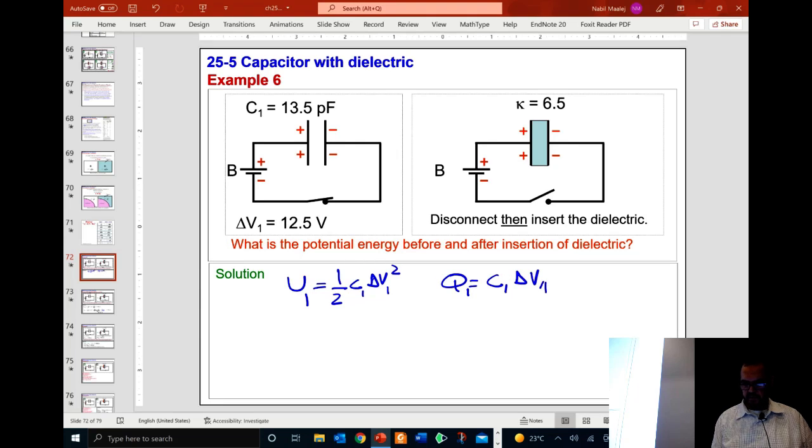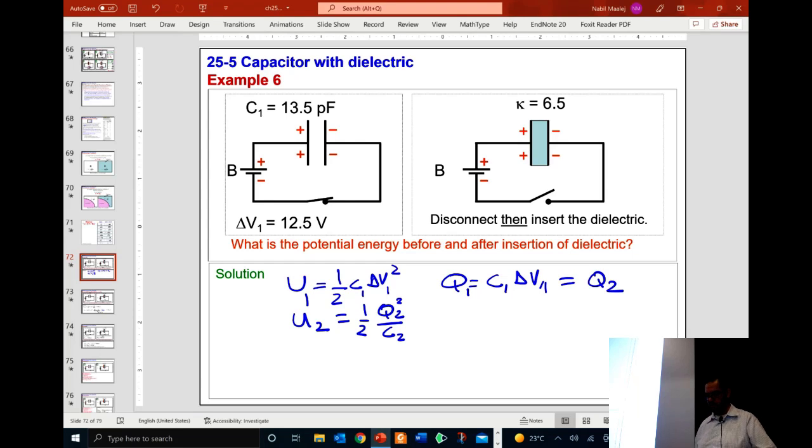Now we want to determine the potential energy in the second case. We don't know the voltage, so we can use the other equation, which is 1/2 Q2 squared divided by C2. This is the second equation. But Q2 is equal to Q1 because we have conservation of charge.